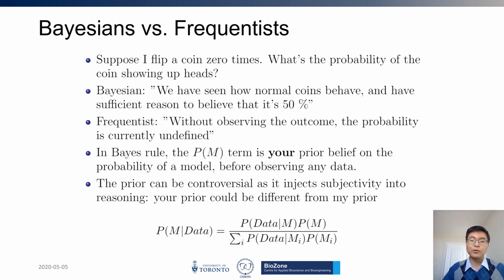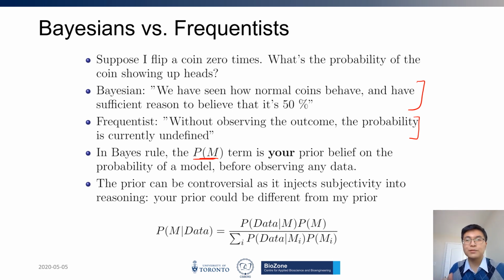Okay, now what does that really mean? Well, in Bayes' rule, you have something that's known as a prior, here mathematically denoted by P of M. Prior in the coin flipping example is essentially, well, I know that most coins have 50-50 chance, heads or tails. That's your prior. If you're going to use the frequentist mode of reasoning, there is no prior.